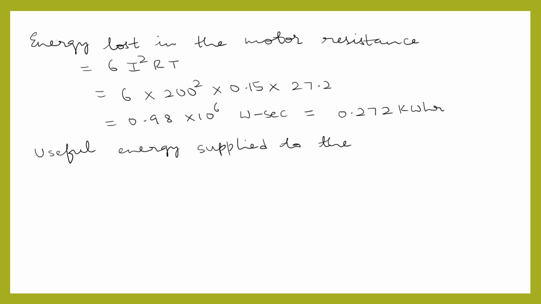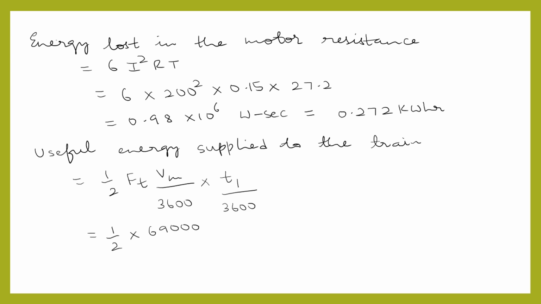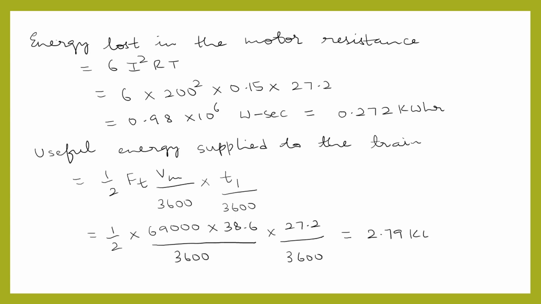It is given by the equation half Ft Vm by 3600 into T1 by 3600, that is half into 69,000 into 38.6 divided by 3600 into 27.2 by 3600, which comes around 2.79 kilowatt hours.